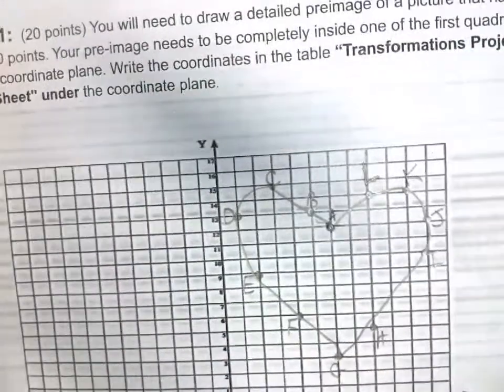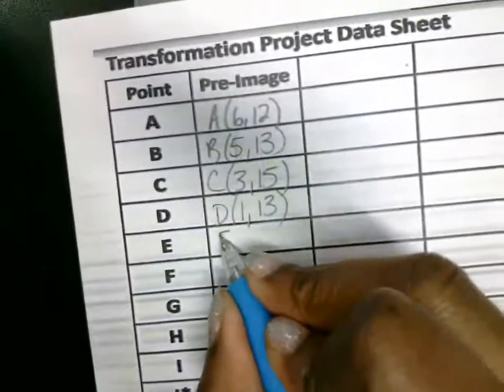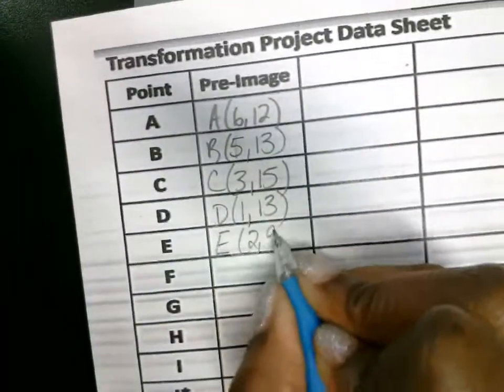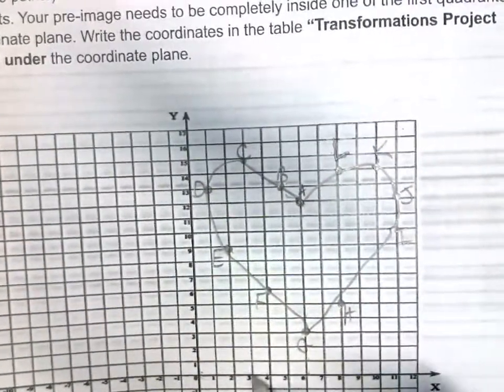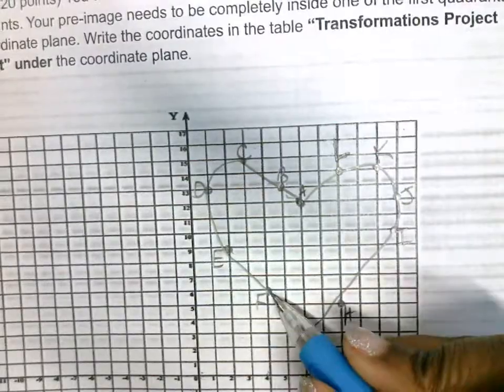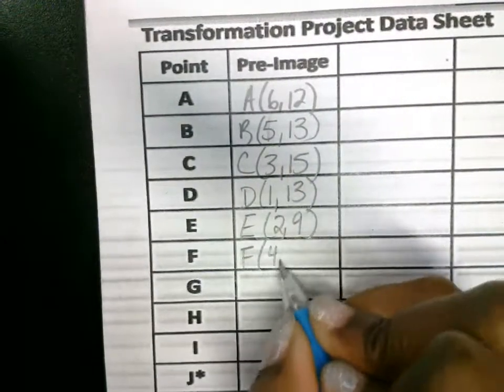All right. E, I went over 2 and up 9. So E is 2, comma 9. F is over 4 and up to 6. So that's 4, comma 6. Okay.